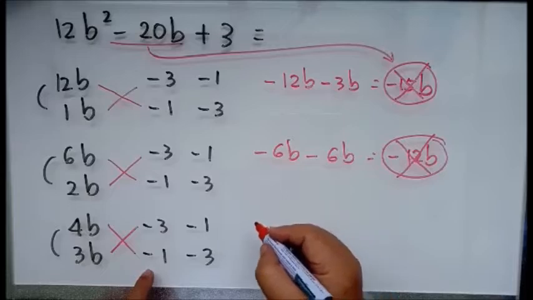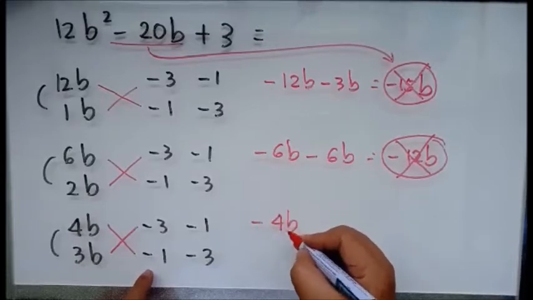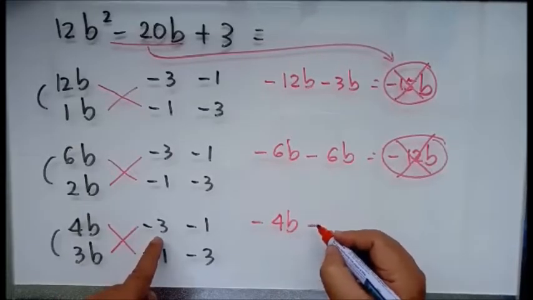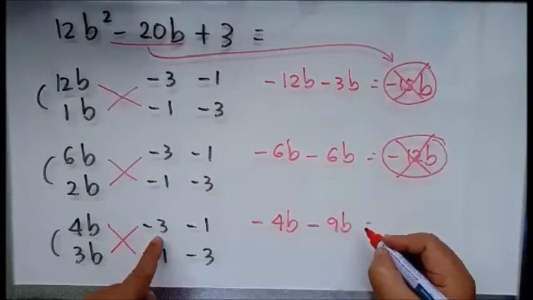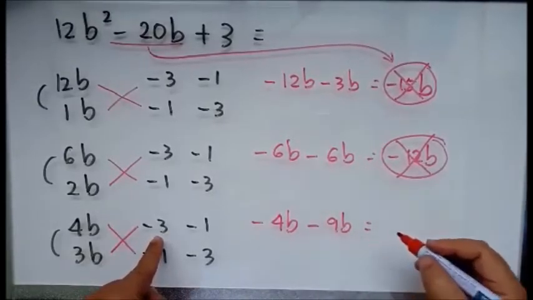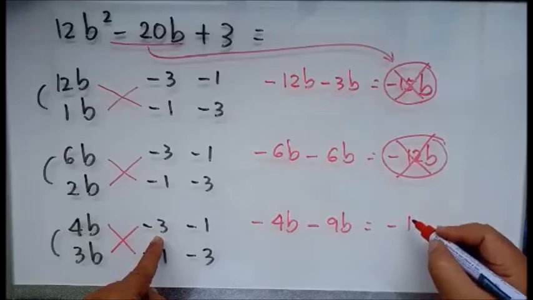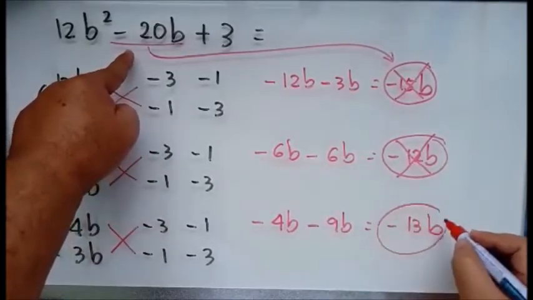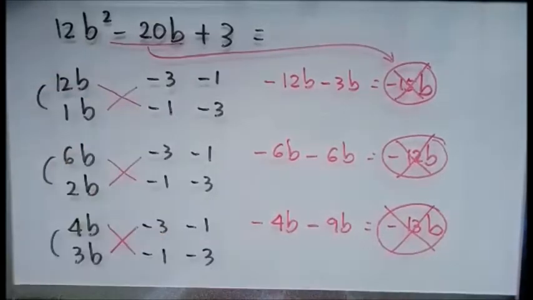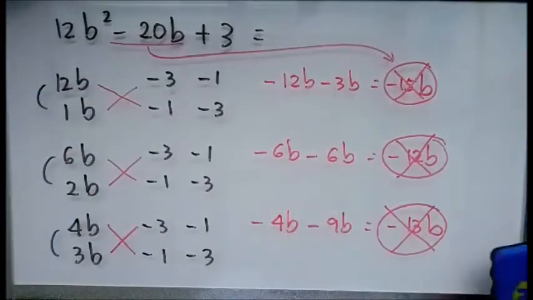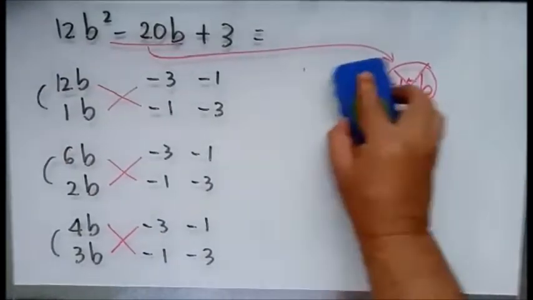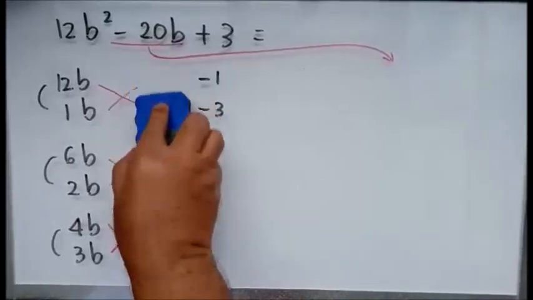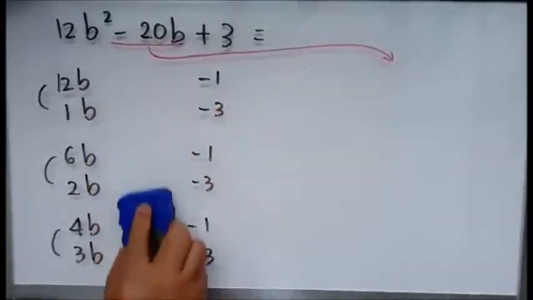So eliminate this. Let's try this one. 4b times negative 1 is negative 4b. 3b times negative 3 is negative 9b, which will become negative 13b, which is not the same as negative 20b here. So eliminate. Now we will erase those.